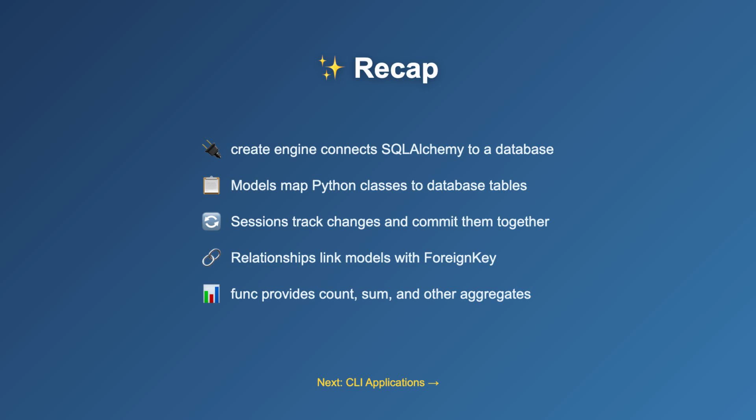Models map classes to tables with column types. Relationships link models using ForeignKey. Func provides count, sum, and other aggregates.